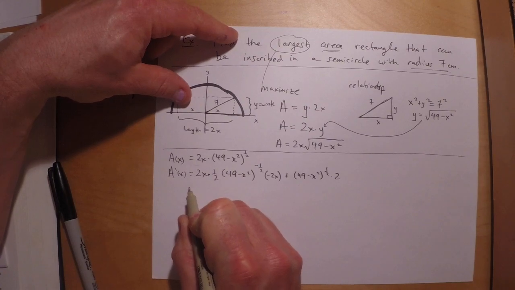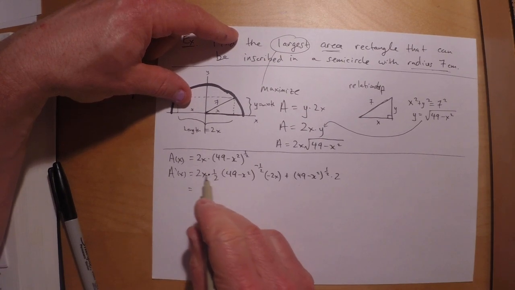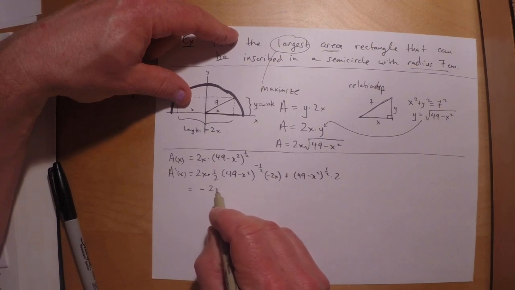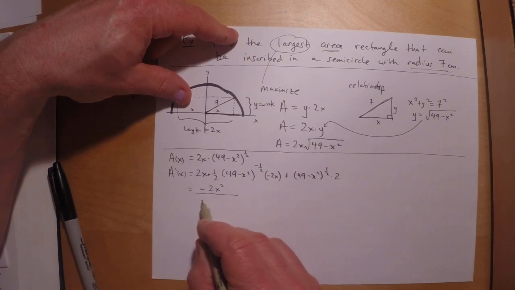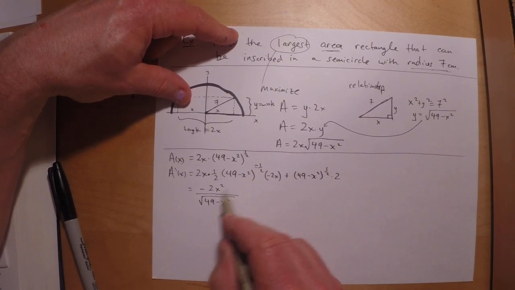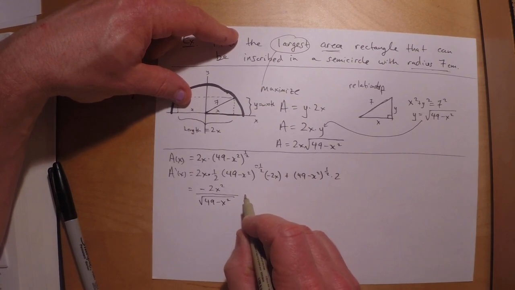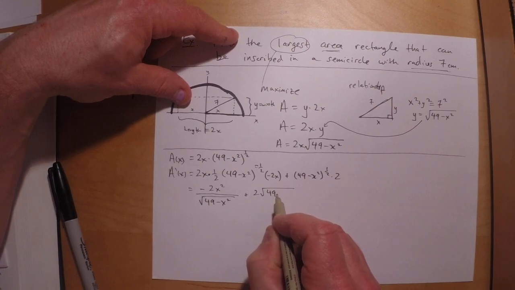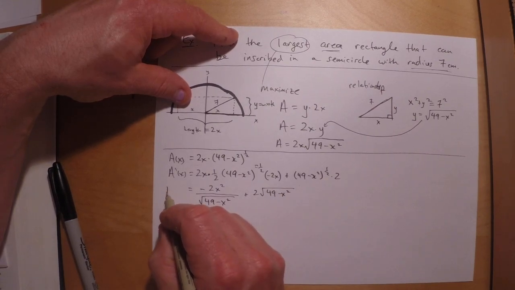So cleaning this mess up, these 2's cancel, and I'm left with negative 2x squared over the square root of 49 minus x squared when I take the negative and bring that to the bottom and rewrite it as a square root, plus 2 times the square root of 49 minus x squared.